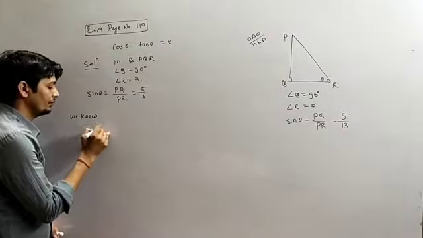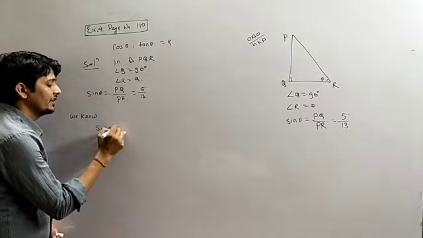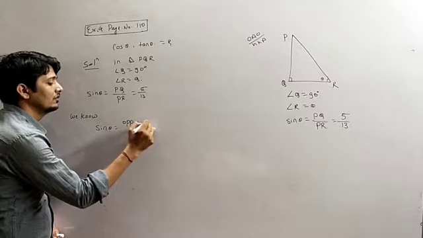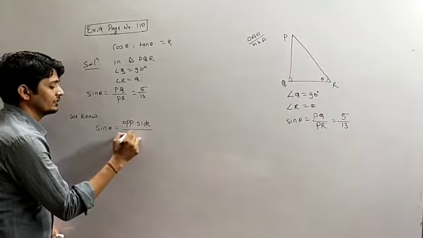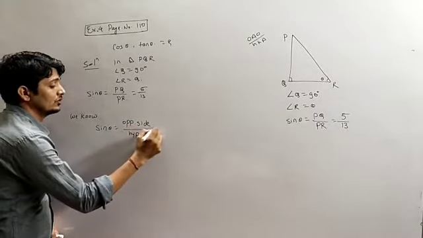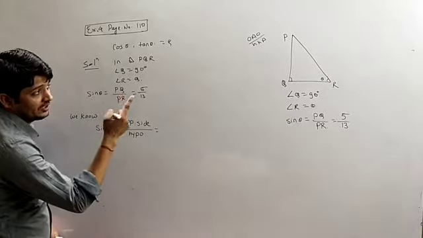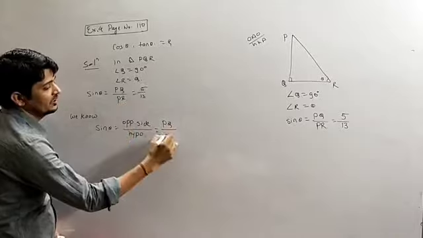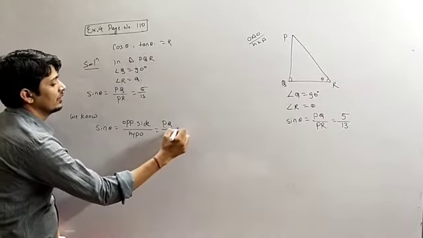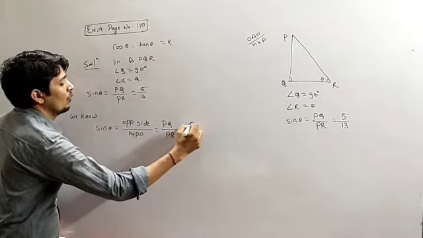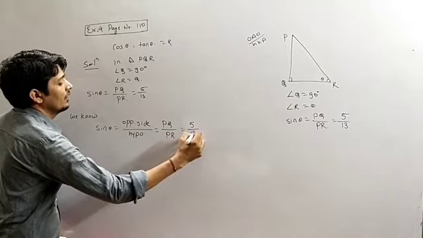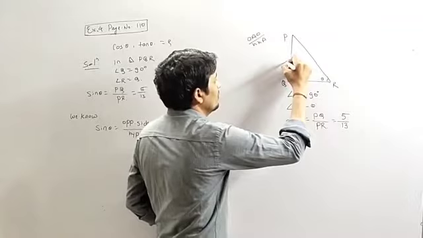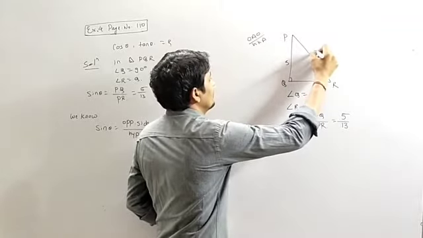So we know sin theta equals opposite side divided by hypotenuse, and opposite side for this angle is PQ, hypotenuse is PR, which equals 5 divided by 13. That means this is 5 and this one is 13.